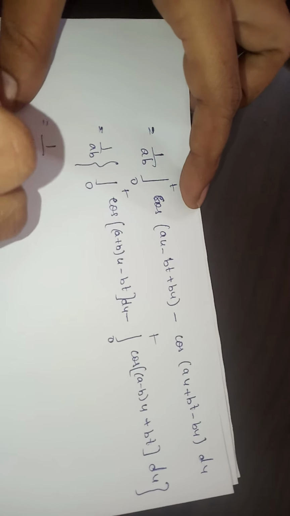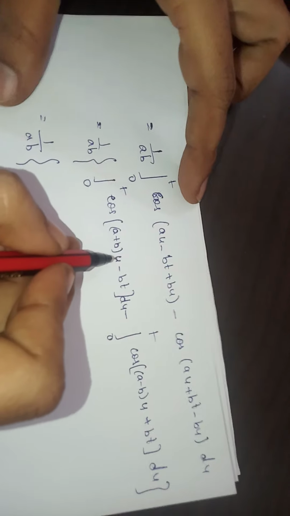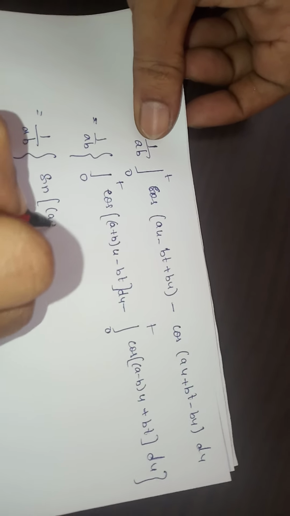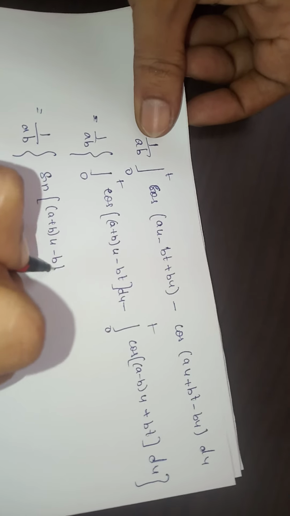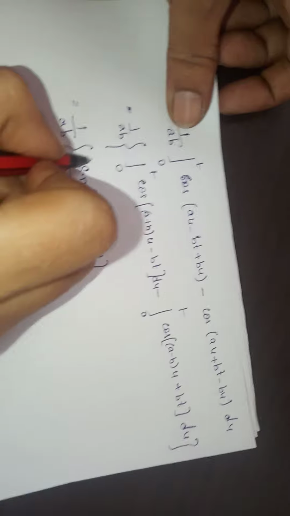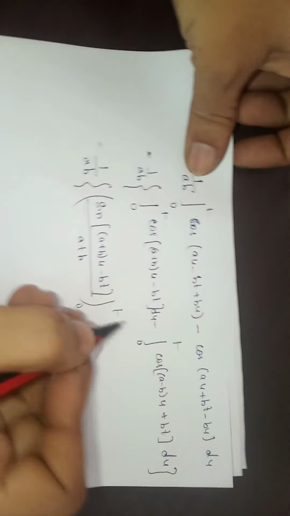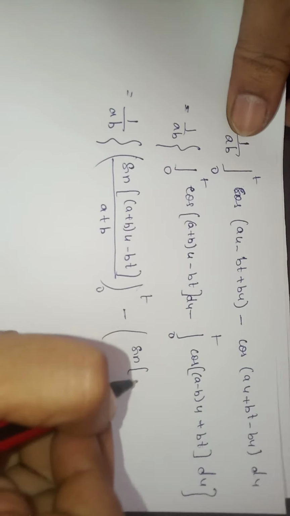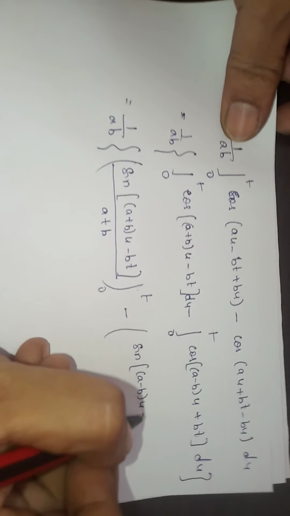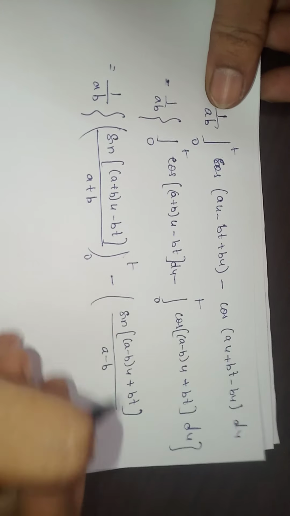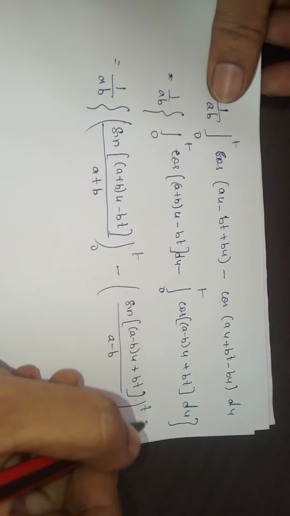You have to do integration with respect to u. So this is 1 by ab. Cos integration is sin of (a plus b) into u minus bt, divide by the coefficient of u, that is a plus b. This is from the limit 0 to t, minus, here again it is sin of (a minus b) into u plus bt, divide by the coefficient a minus b from the limits 0 to t.